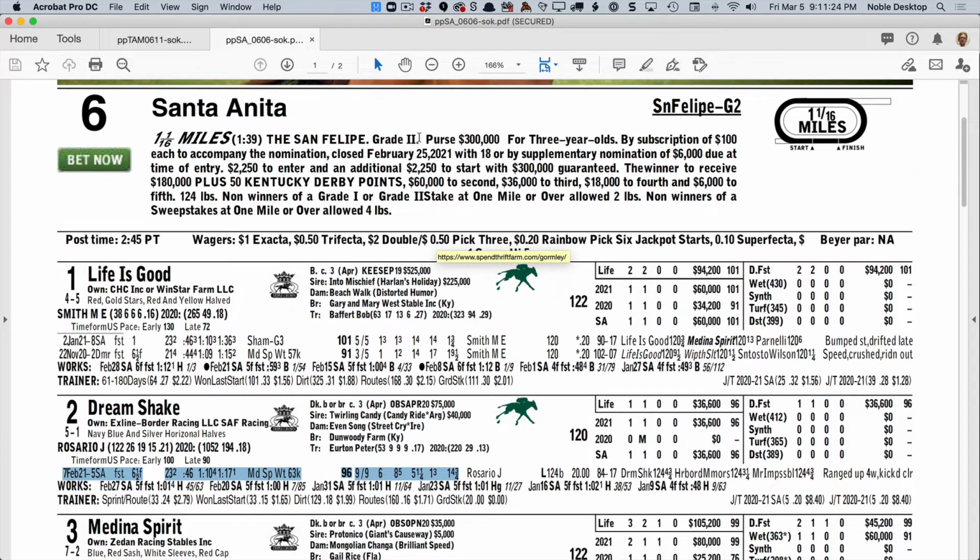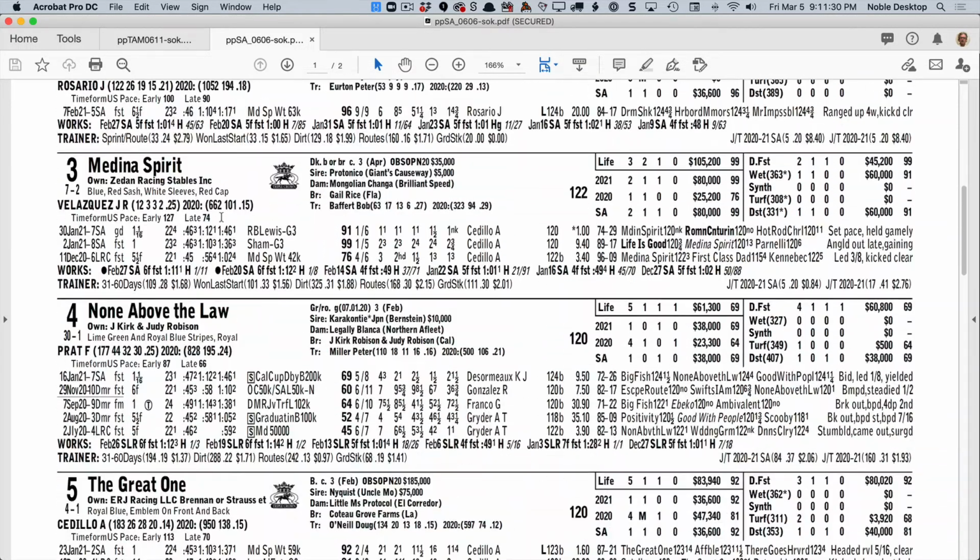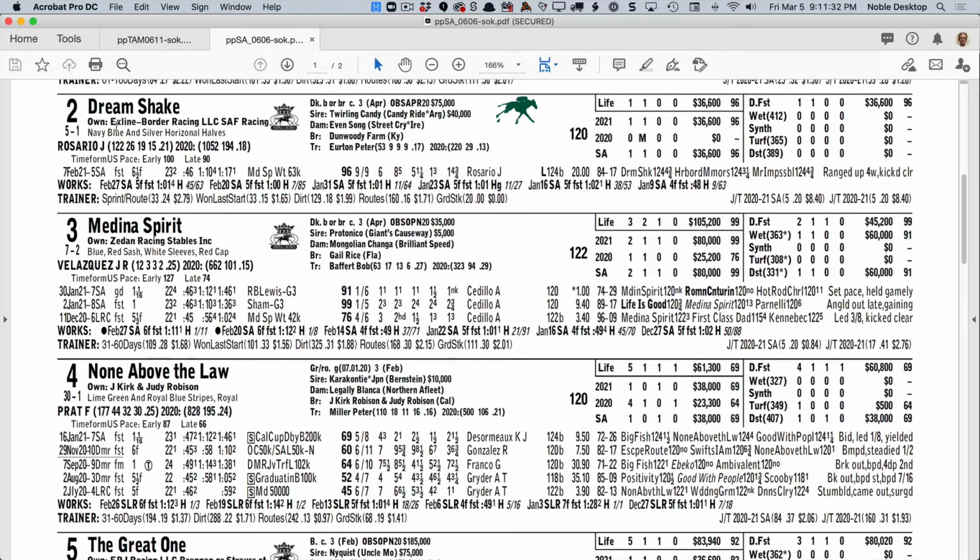It tells you up here it's a grade 2 race. It's a mile and 16th, just in case anybody didn't know. I happen to have looked it up on Formulator. This trainer going sprint to route, first race to second race, is 2 for 40, and those 2 wins were both on the turf. So it's not something he does, and I would not be interested in Dream Shake.